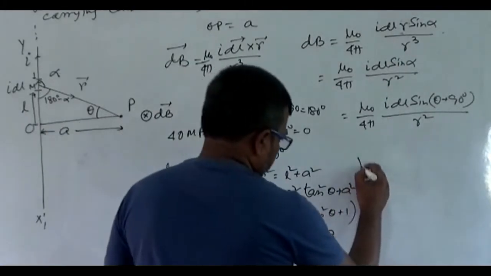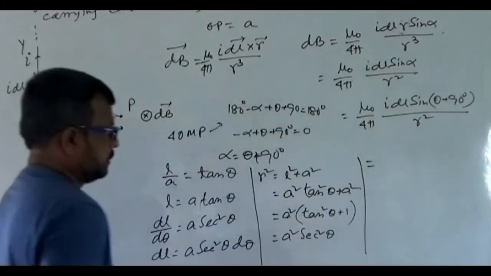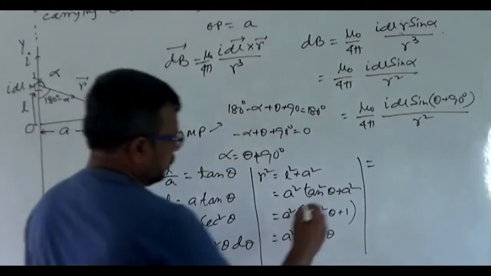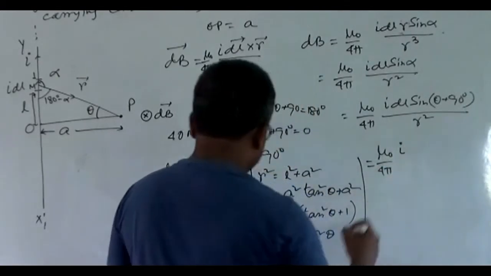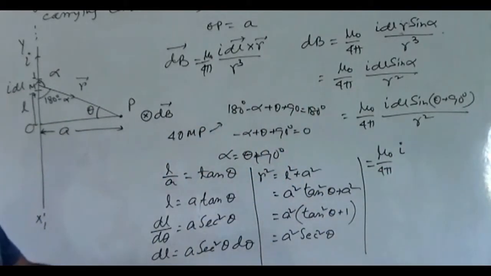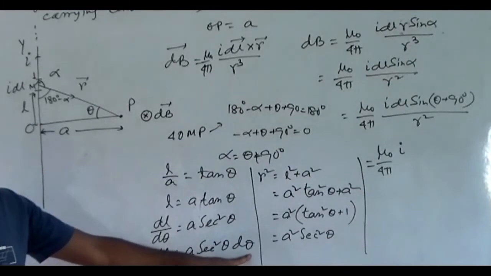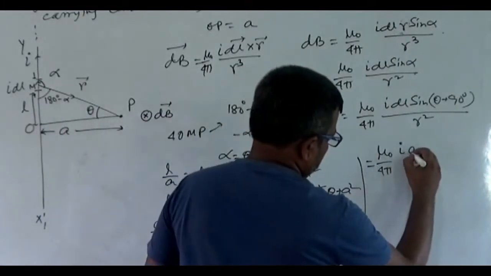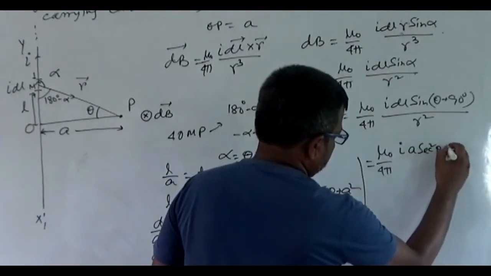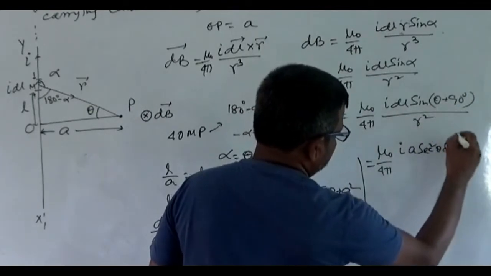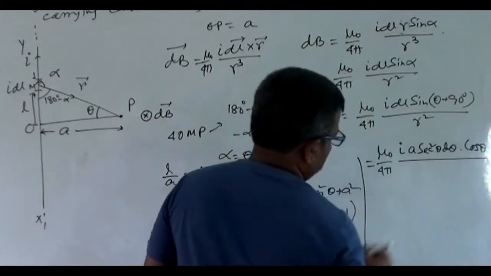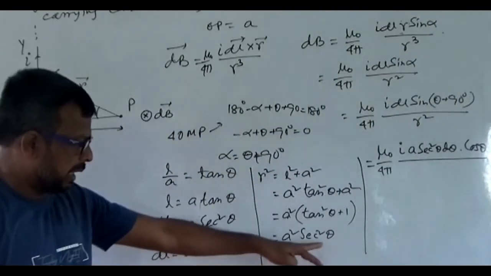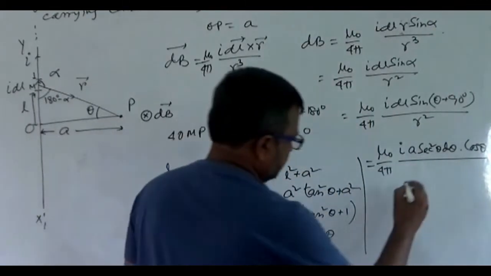Now, putting these things in this expression, we can write dB equals mu naught by 4 pi, I, dl can be replaced by A sec square theta d theta, sin of theta plus 90 degree is cos theta, divided by r square which can be replaced by A square sec square theta.